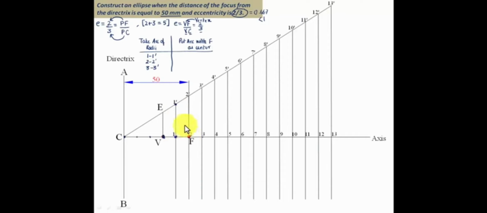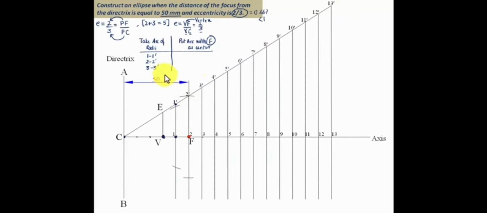Now take 1 1 dash in your compass, put it at F, and put the arc on top of line one and below line one. Then 2 2 dash, take that length, put it at F, and put the arc on the top and bottom.